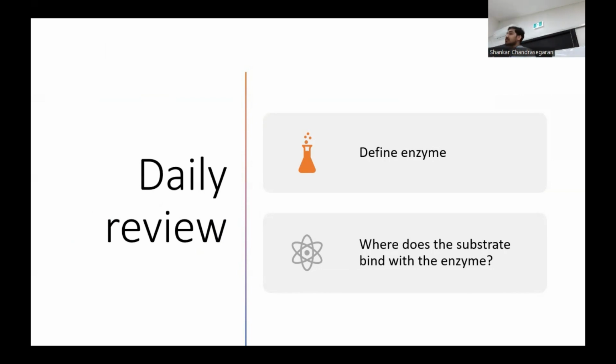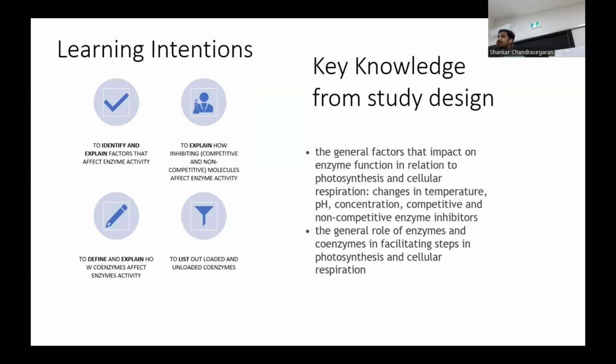So today's lesson is going to talk about how their function can be influenced by a few factors, right? So this is talking about temperature, pH, concentration, and also about the presence of inhibitors and also coenzymes.